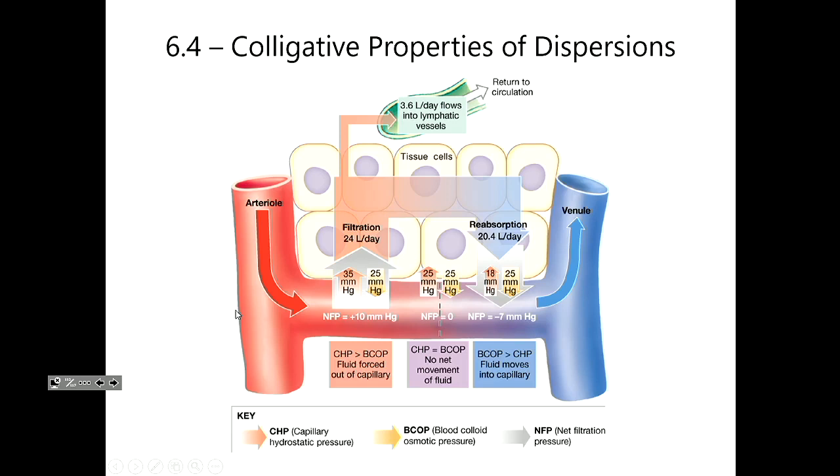This is the hydrostatic pressure, the one that's going out. So it's reduced by about half. If you compare that to the osmotic pressure, unless you're losing contents of what's inside the blood, that doesn't change much.